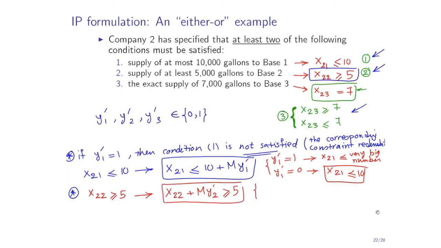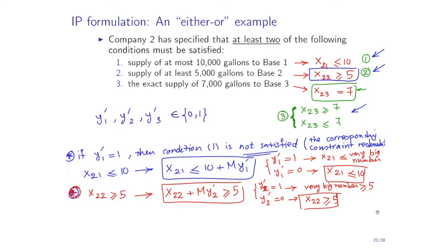Again, observe that if y prime 2 is 1, I will have a very big number greater than or equal to 5, which makes the constraint redundant, trivially satisfied. And if its value is 0, I get the original x22 greater than or equal to 5 constraint.